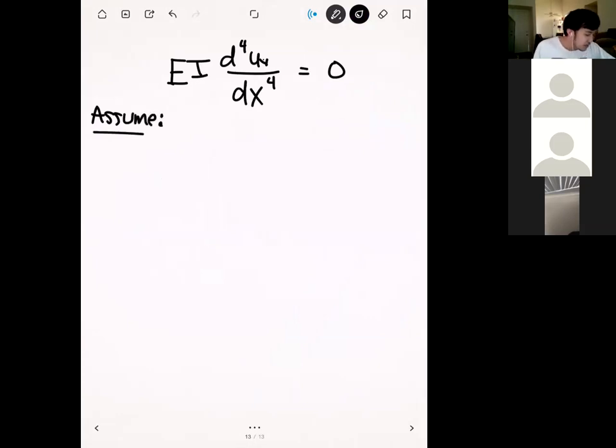Right. And so at this point, we're going to make an additional assumption. We're going to assume that our rotations are small. And so we're not going to do anything crazy like have a beam that's shaped like a U, right? In the limit of small rotations, we can express the rotations in terms of the transverse displacements.